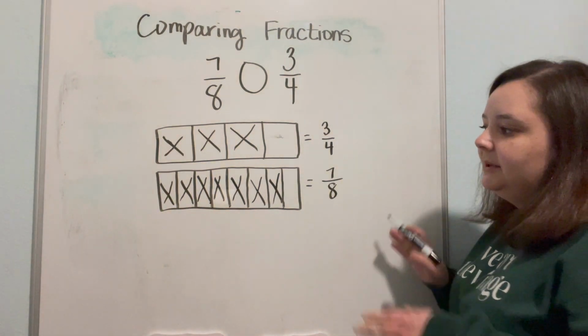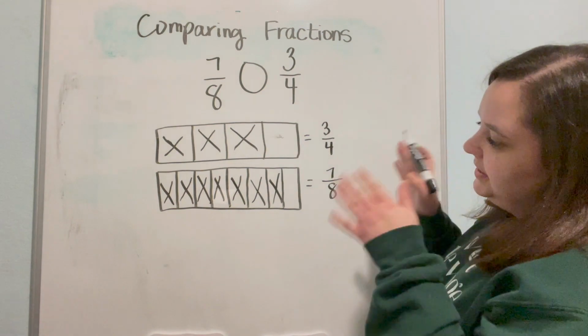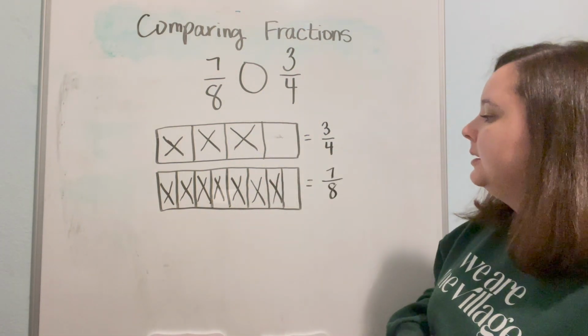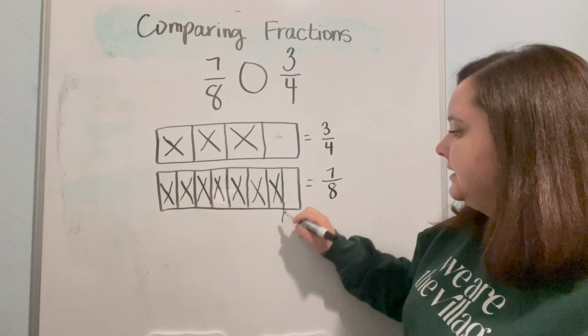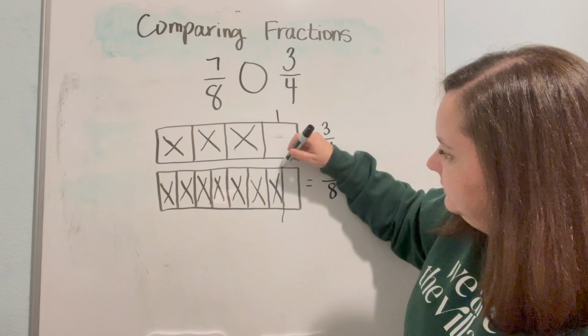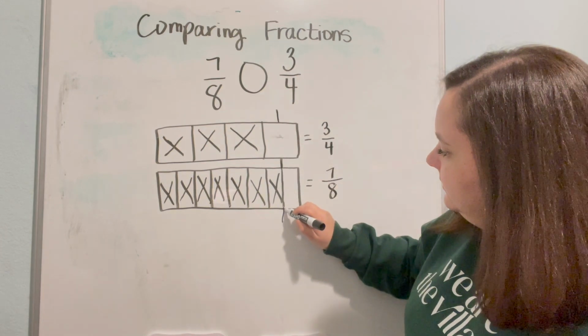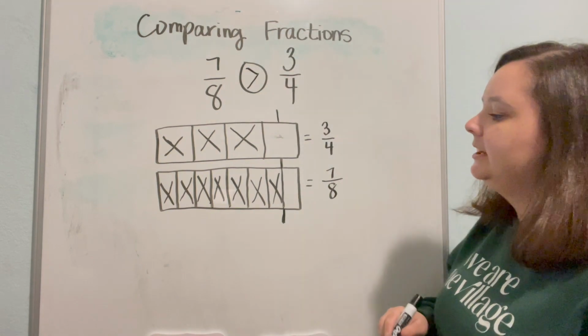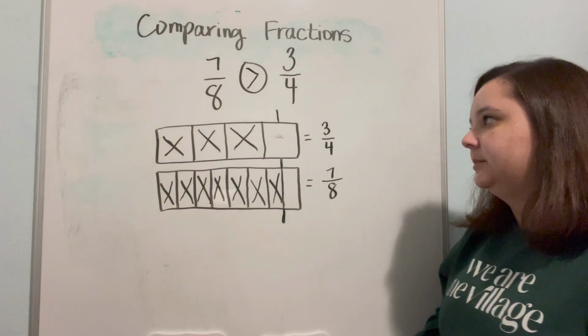Okay, now that we have our models here, we can visually see that our 7/8 is greater than our 3/4. But if we wanted to, we could also just extend our lines like we did before. So we know that 7/8 is greater, but we're going to check by cross multiplying like we did before.